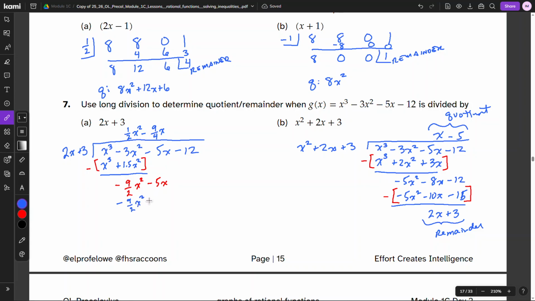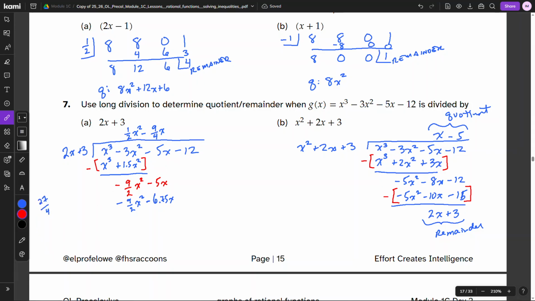And this will be minus 27 divided by 4, which I'll just say 27 divided by 4. Let's do this off to the side. 3 times 9 is 27. So that's not quite 28 divided by 4, and 28 divided by 4 would be 7. So this would be minus 6.75x.